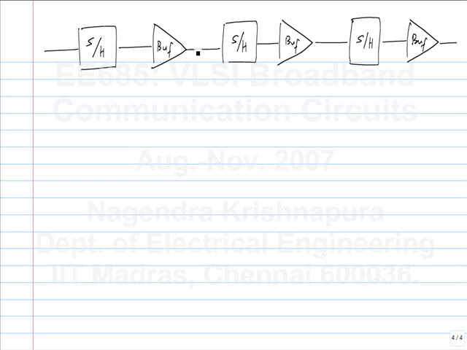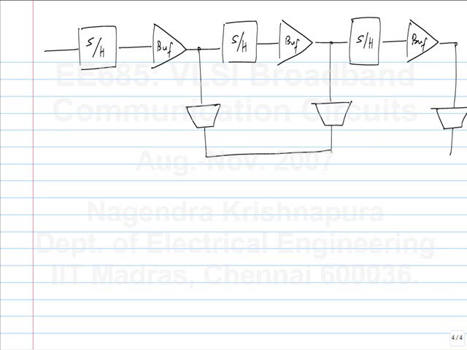So this is the idea, and then you take these three and sum the outputs. I am showing a single-ended realization, but typically at high frequencies, all realizations will be differential. This is just halfway between a schematic and a block diagram.